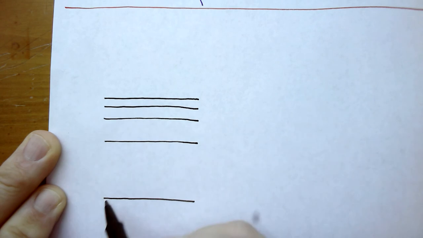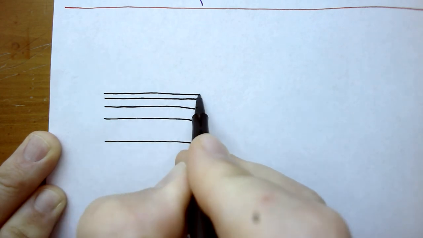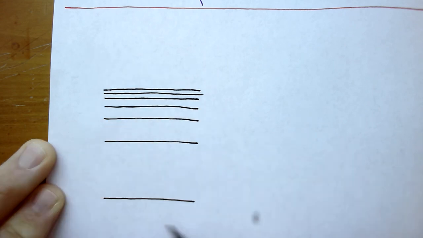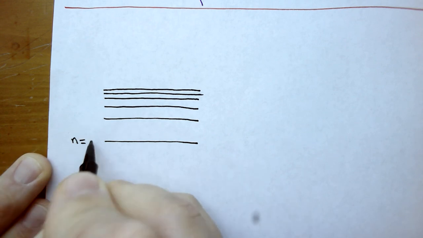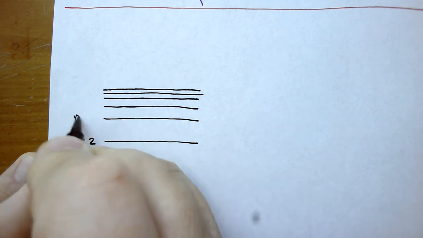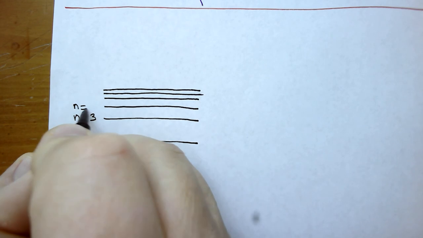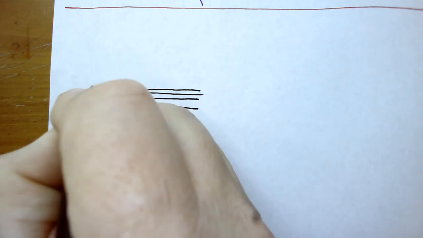So that's 1, 2, 3, 4, 5, 6, 7. Okay, so we have n equals 1, n equals 2, n equals 3, n equals 4, and then we have 5, 6, and 7 up here.